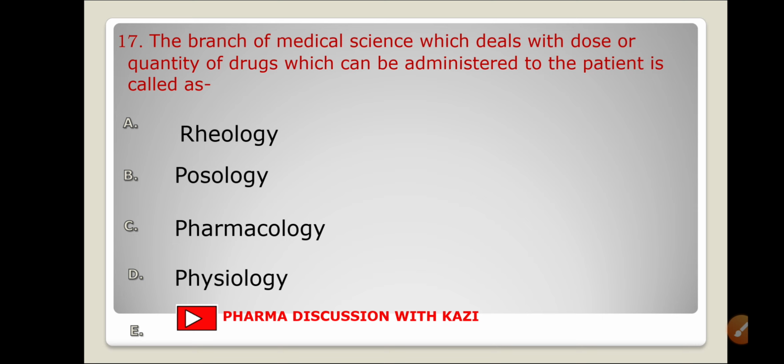Pharmacology is the study of how a drug affects a biological system and how the body responds to the drug. Physiology is the study of normal function within living creatures. And posology is the branch of medical science which deals with dose or quantity of drugs which can be administered to the patient. So the correct answer is B.